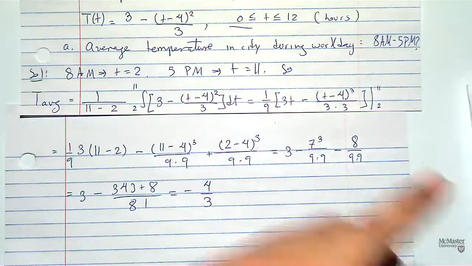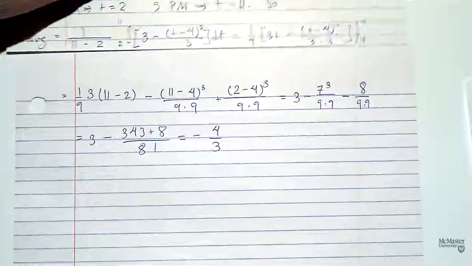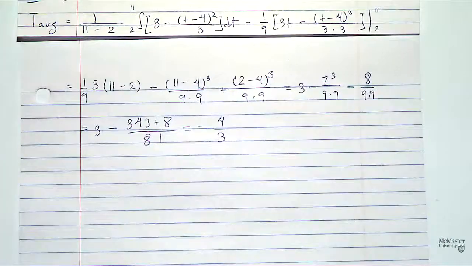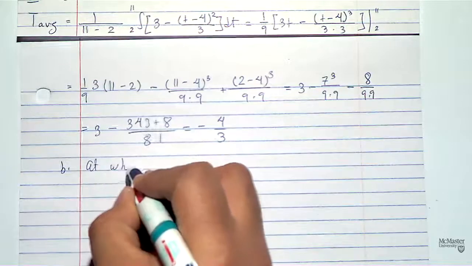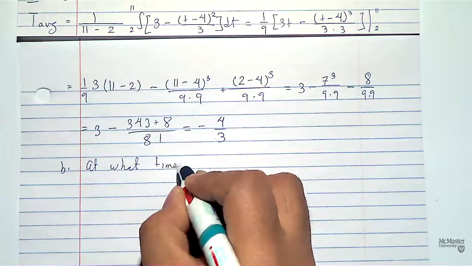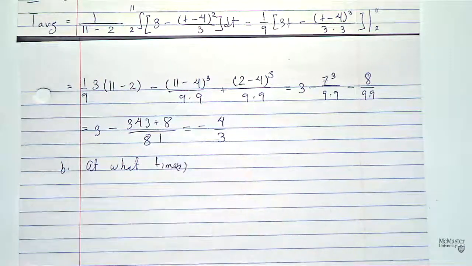The second part is, I will keep this name, it will be useful. At what times, well, we put times because we will see that we will have a quadratic equation, so you have to decide if the two solutions to the quadratic equation are meaningful or not.